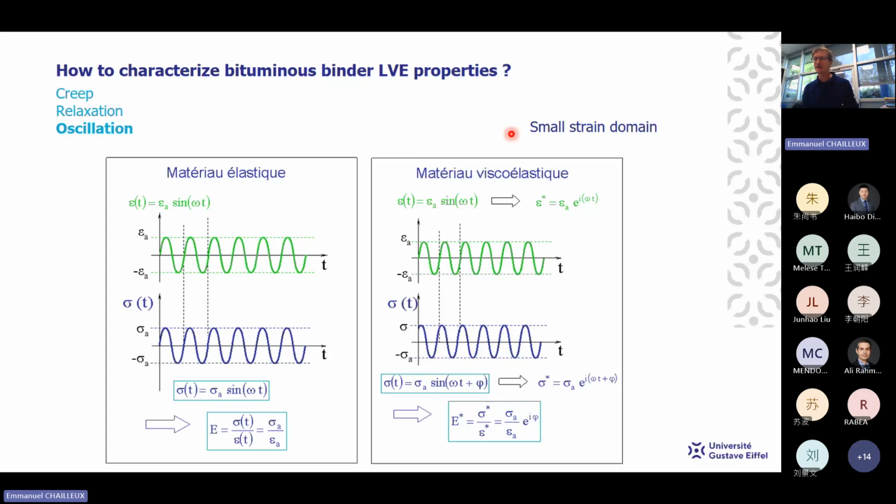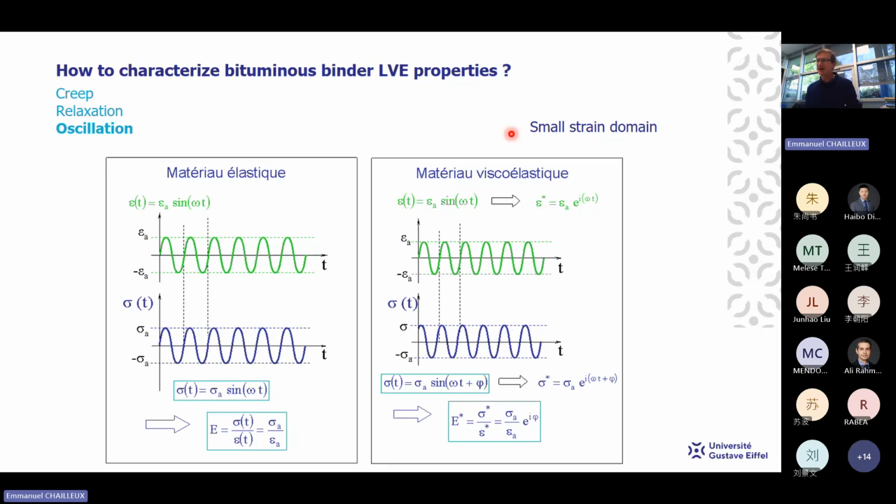It's an elastic material, and in this case, the ratio between sinusoidal amplitudes is the Young modulus, the conventional Young modulus. But in the case of a viscoelastic material, the sinusoidal response is out of phase with the sinusoidal input, because we have a time-dependent material.